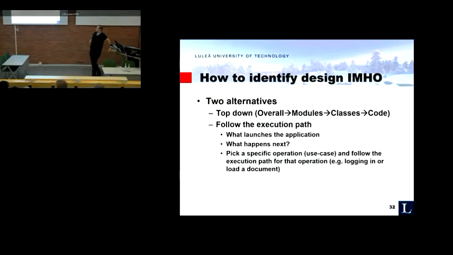Okay, so I already covered this. There are two things that I do when I try to understand code. Top down, which is what we just talked about. Look at the file structure, look at the different modules. Okay, so these modules probably do that thing, and I go down into classes, and then eventually code, and try to find how these things fit together, what inherits what, and so on.